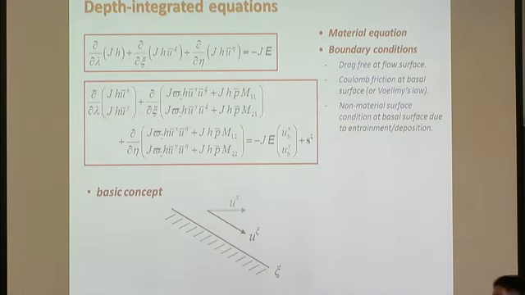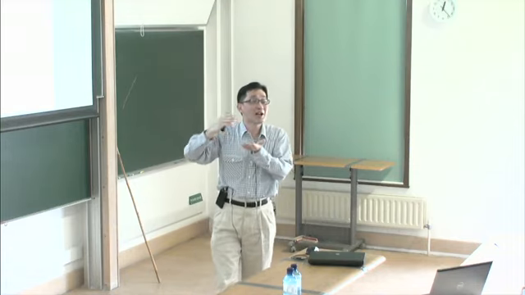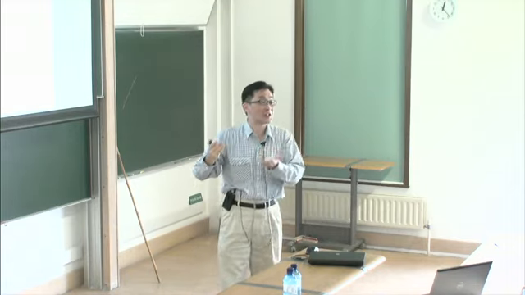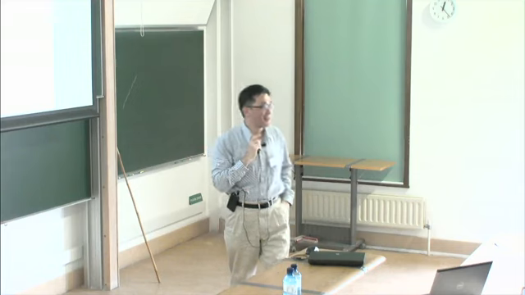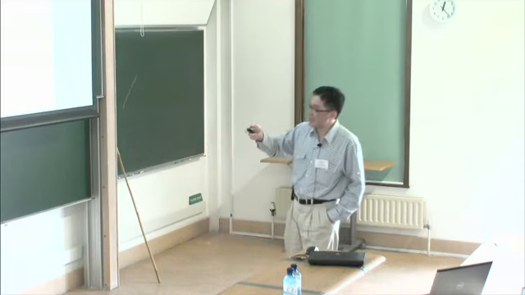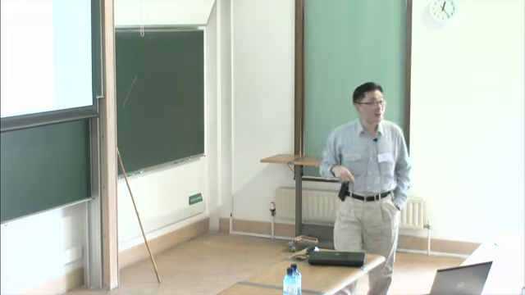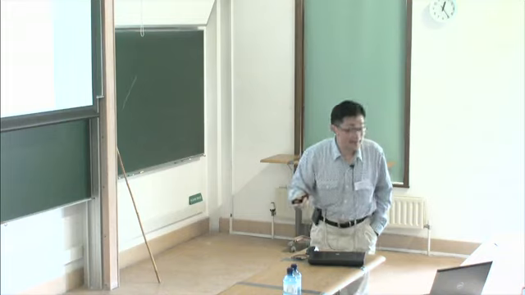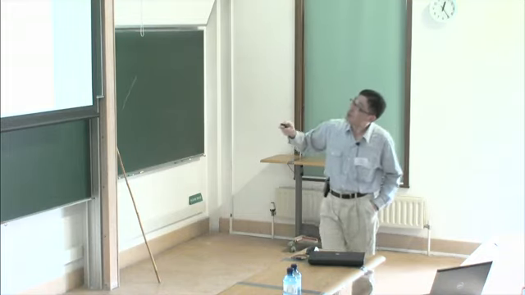Because if you have any erosion and deposition, the orientation of the basal tangential direction is changing, and it becomes complicated to determine it. But this term is unique; you don't need to recompute it due to the change of the orientation of the coordinate. Okay, so far so good.